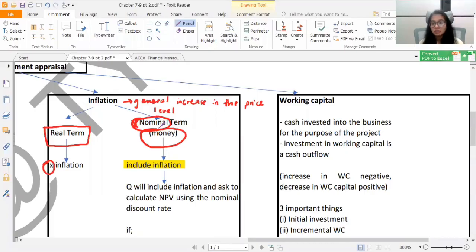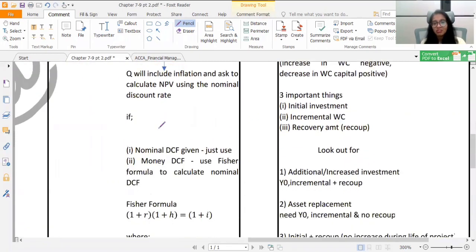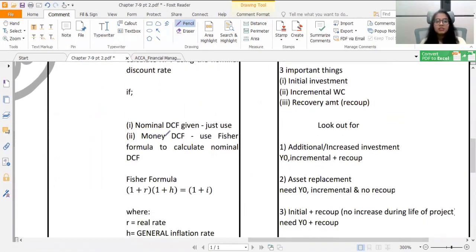Why? Because sometimes the examiner will require you to calculate nominal cash flow, but the information that the examiner gives you is real discount factor. So what you need to do in that case is you need to calculate the inflated discount factor. How do you calculate the inflated discount factor? You will use the Fisher formula.